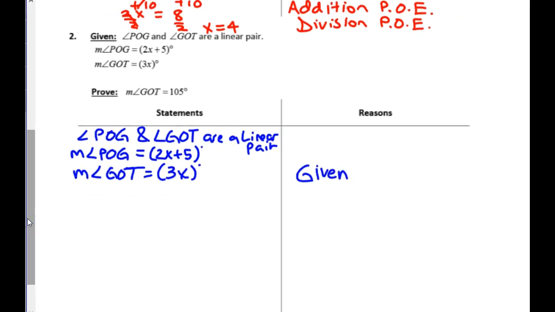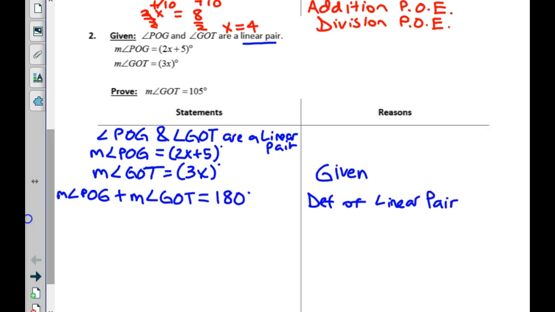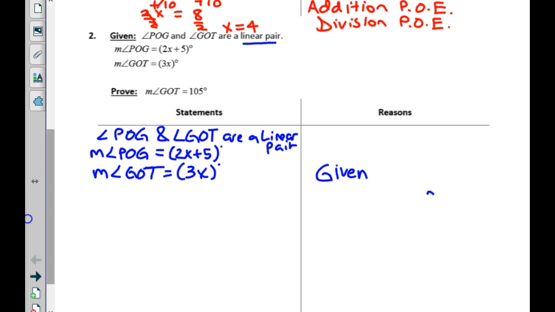Alright, so this is a new type of problem. We are told that they are a linear pair. And what do we know about a linear pair? Hopefully you remember that a linear pair are two angles that are adjacent, right next to each other, that make a straight line, and that means they are supplementary. Alright, so let's write that down instead.